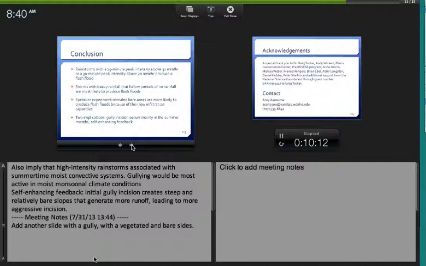And the coolest thing I think we found from this experiment was the idea that gullying has self-enhancing feedback. When initial gully incision is created by a flash flood, it creates a steep slope where it's generally bare. So the runoff just goes right down the slope and creates even more aggressive gully erosion. So once it's started, it just picks up.